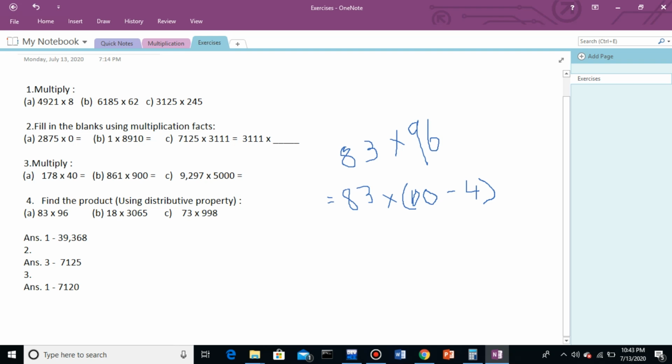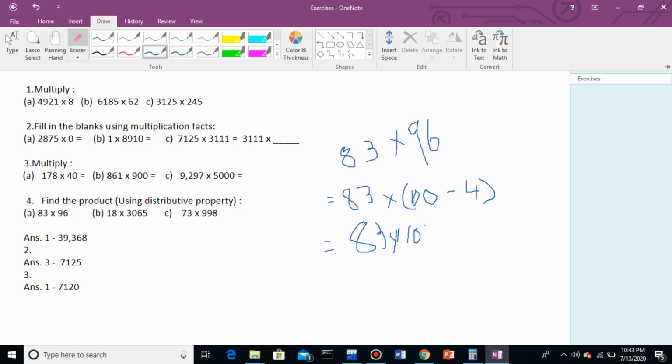But in between we solve it. Now the statement in the next step will become 83 into 100 minus 83 into 4. Sorry, I have done it wrong here.